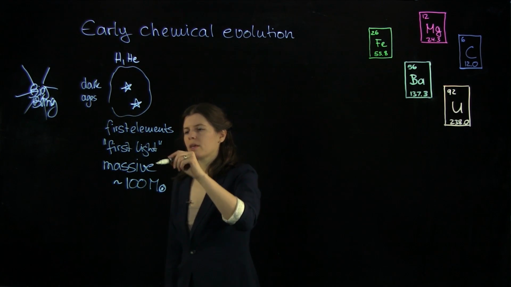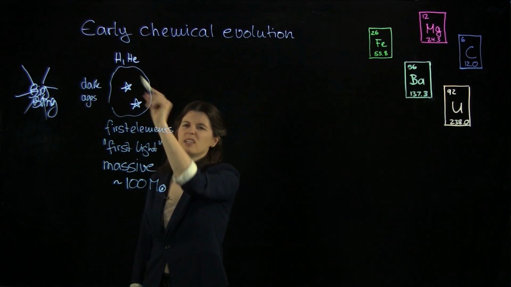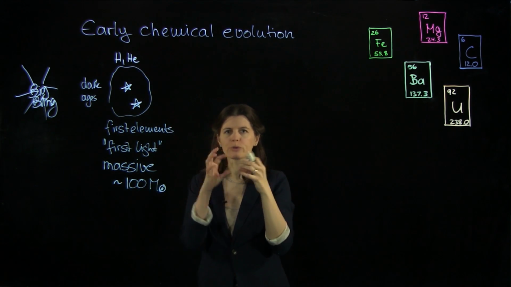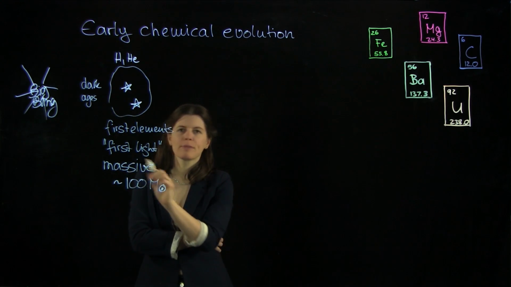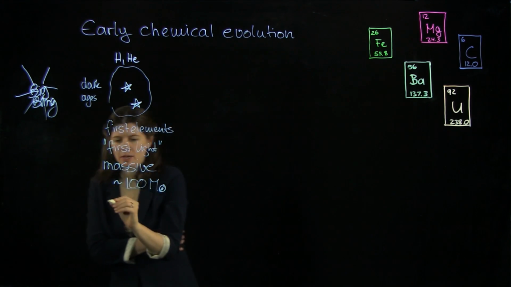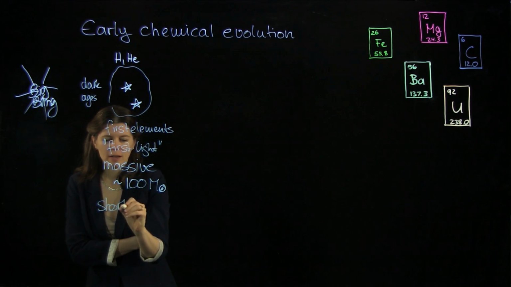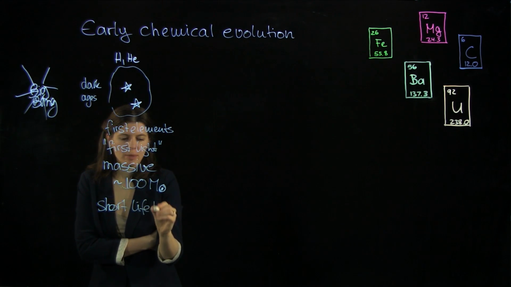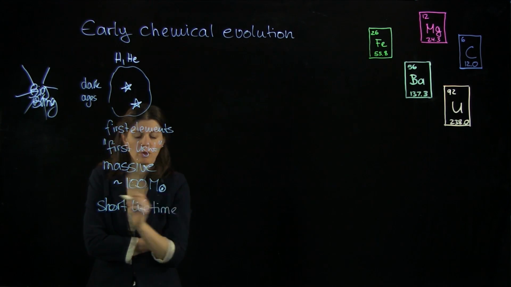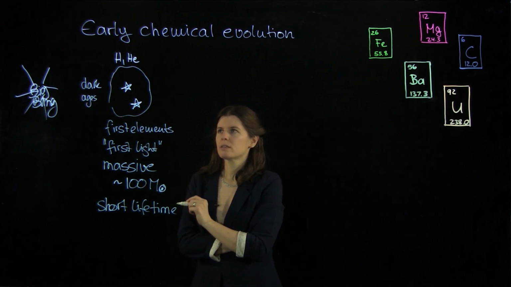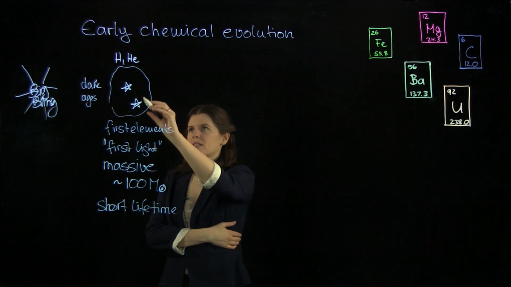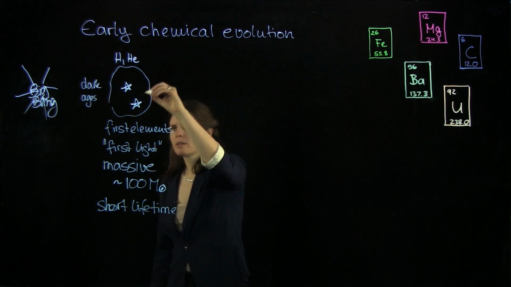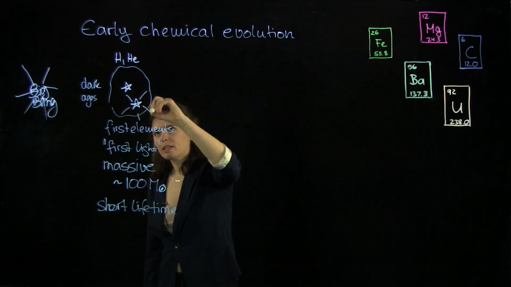And the reason for that is that hydrogen helium gas has trouble getting really cold, making small stars. The important thing with massive stars is that they have really short lifetimes, maybe a few million years only. A few million years is not much on a cosmic time scale, which means they exploded pretty quickly as gigantic supernovae.